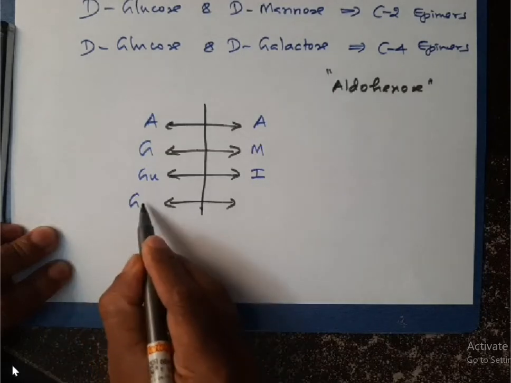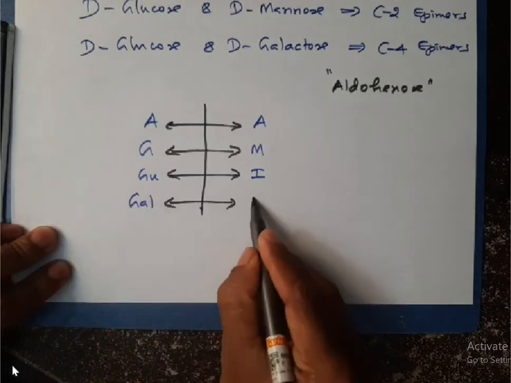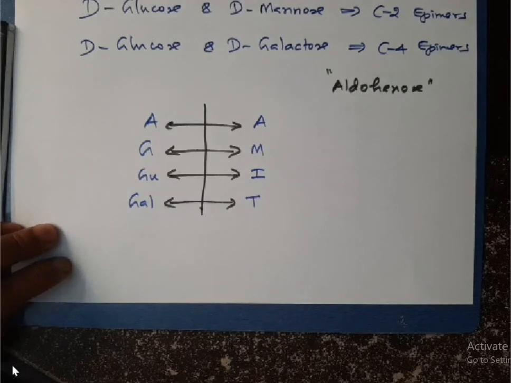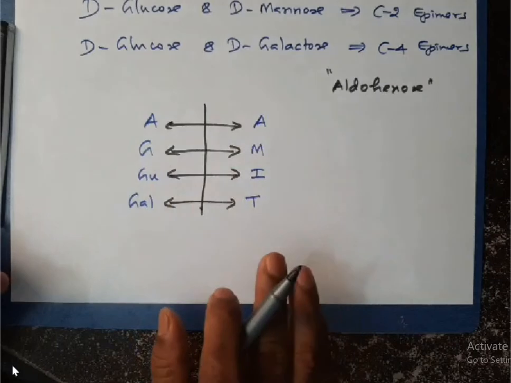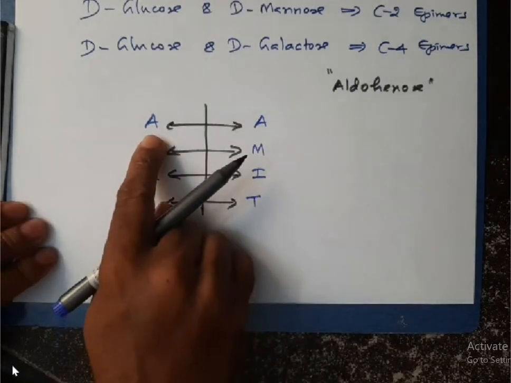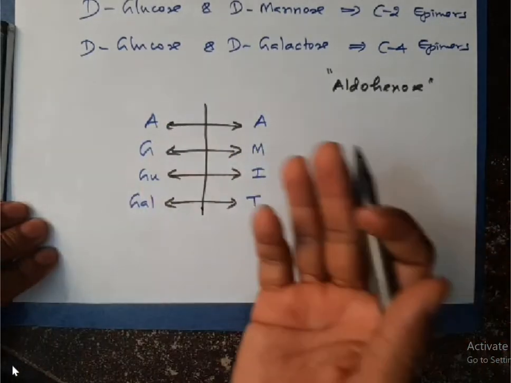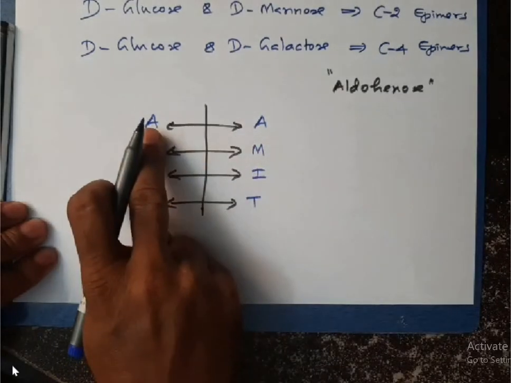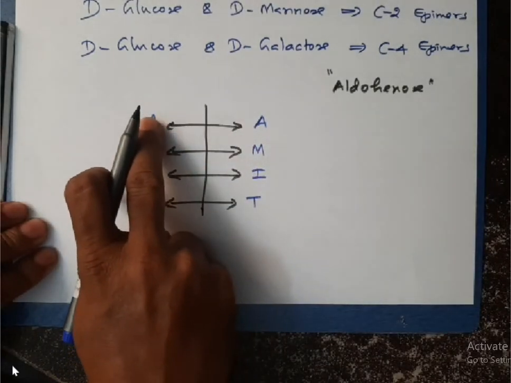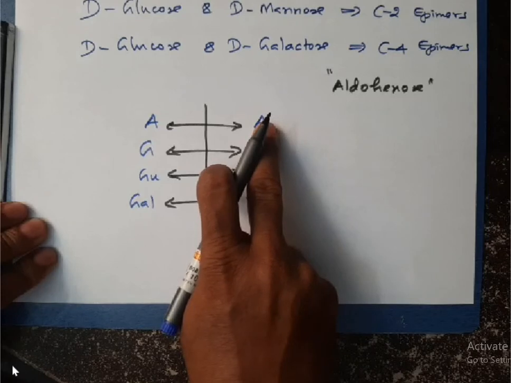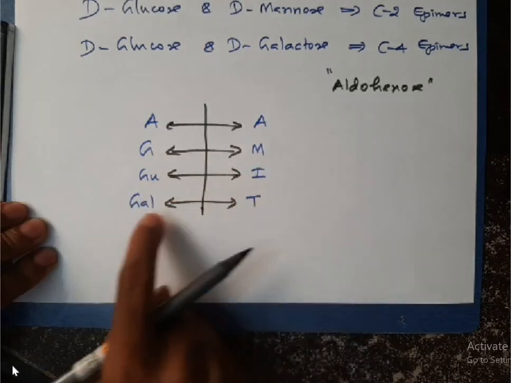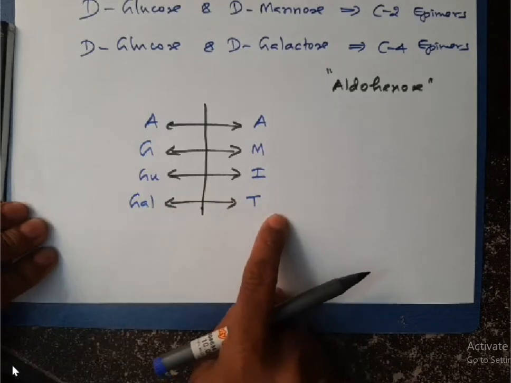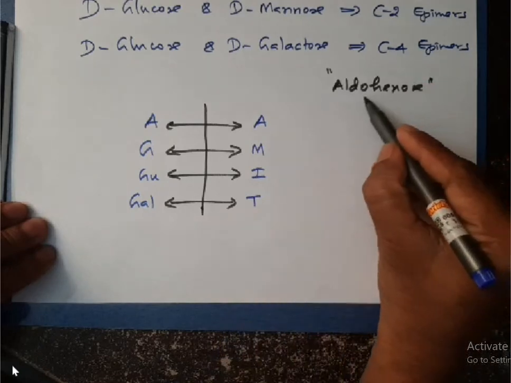Then galactose and talose. Correct? These are the D monosaccharides we saw. D as well as L also there, but I'm not going to do that. Glucose, mannose, gulose, idose, galactose and talose. Okay, I have taken aldohexoses.